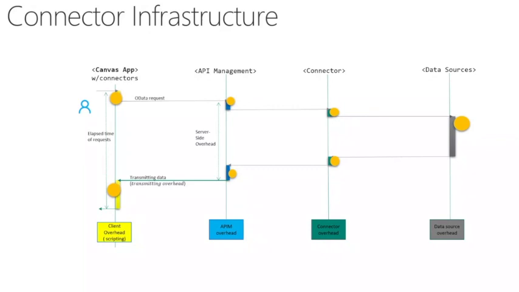In the case of the Canvas app and in any standard connector we talk about, except for CDS, you have these layers that your request goes through. You start with the API management, you go to the connector hub, and then finally to your data source, which can be SharePoint, SQL or anything like that, and then you get back your response. So we have these intermediate layers, and there is overhead each time we hop between these levels.